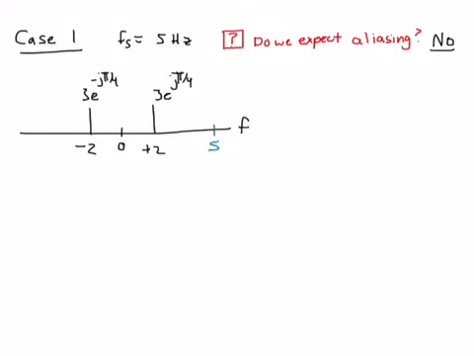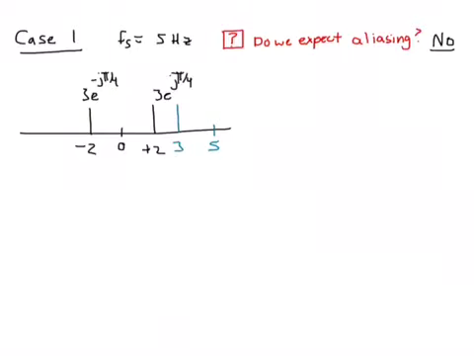I'm going to draw that copy in blue. If I center the spectrum around 5, then I get a component 2 to the left of 5, which is at 3, and 2 to the right of 5.